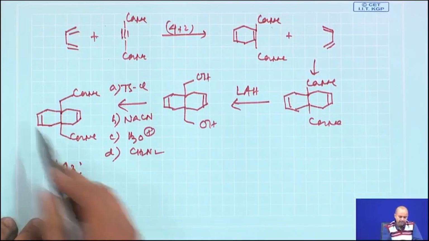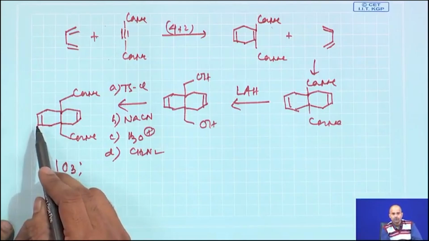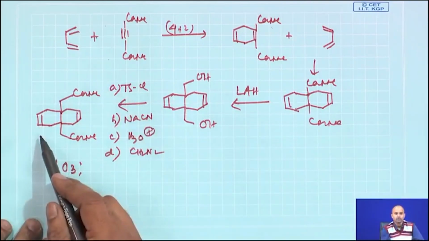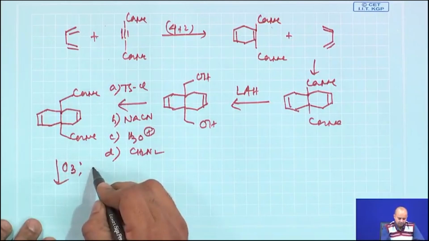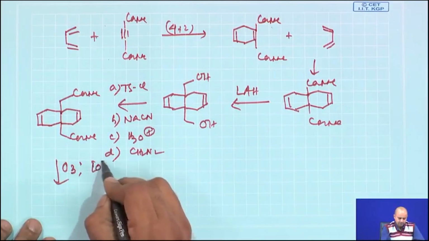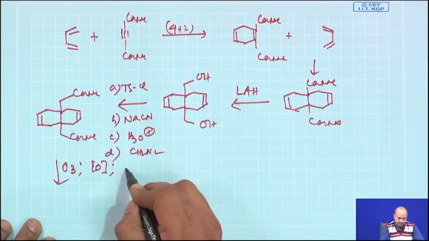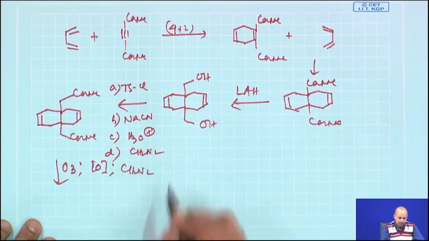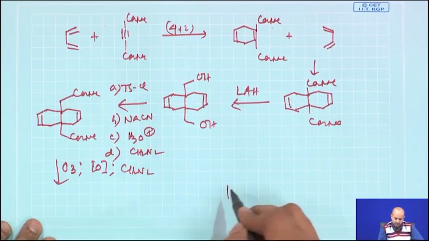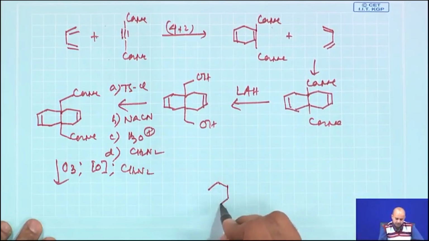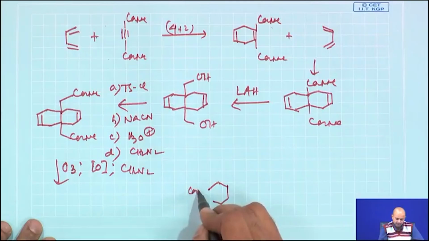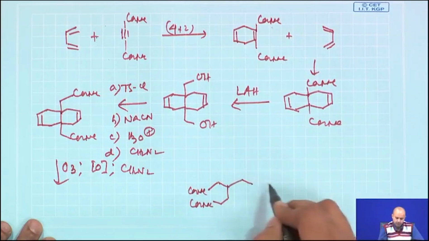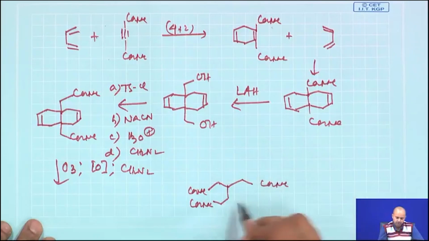So, ozonolysis, oxidation of this aldehyde to the corresponding acid followed by another round of diazomethane, you basically get the symmetrical acyclic compound, which was proposed as one of the intermediates.